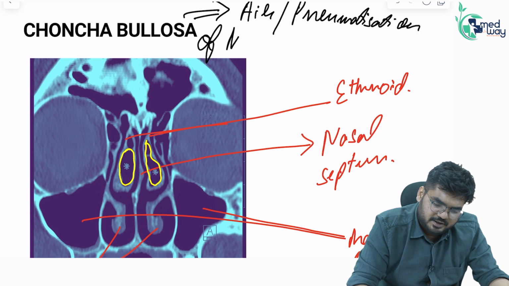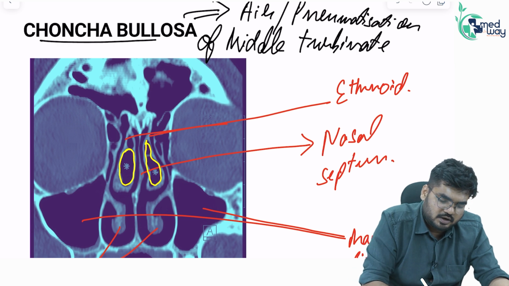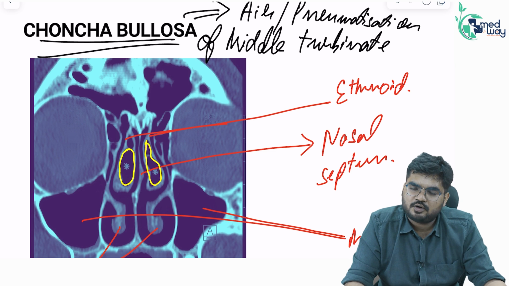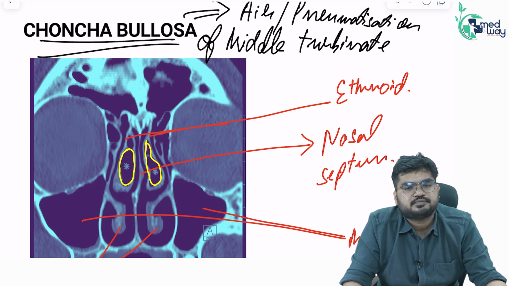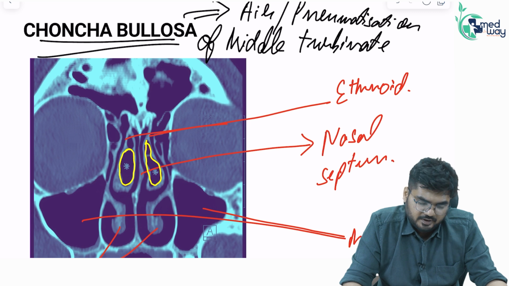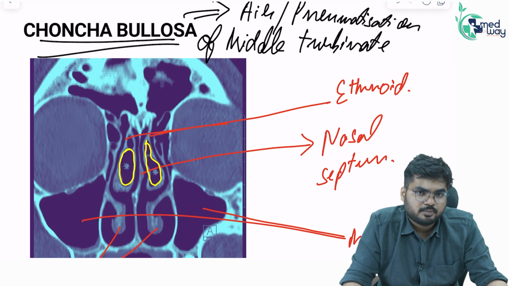This is basically called concha bullosa. Air or pneumatization of the middle turbinate is called concha bullosa. Sir, is it normal? No, bachcho, it is not normal. Whenever concha bullosa is there in any patient, it is mostly pathological. The patient will have symptoms.